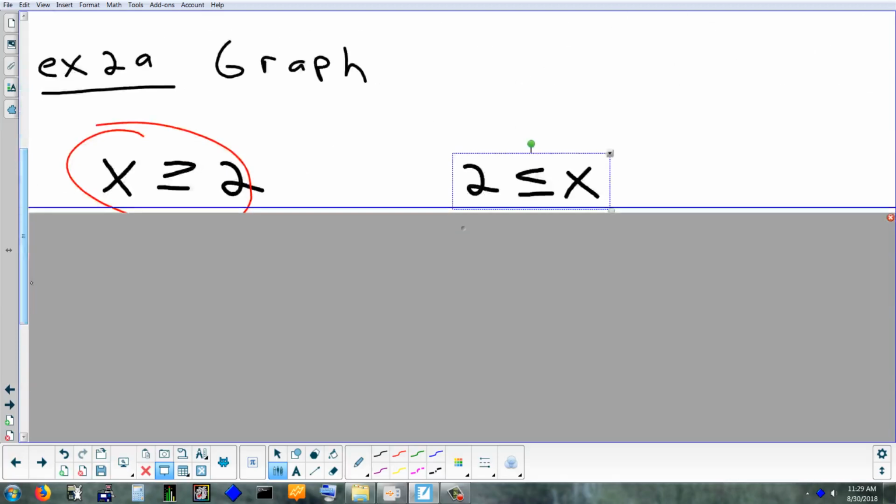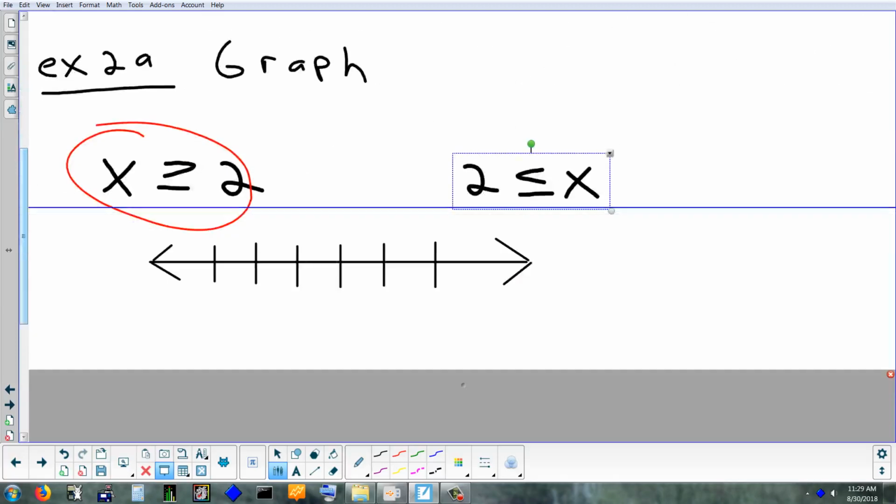Same thing. All right, so let's graph it. First thing, let me just number it. It's good enough. You can number it however you want, as long as 2 is on there somewhere. So Gabe, what kind of circle would I need, and what number would I put it on?